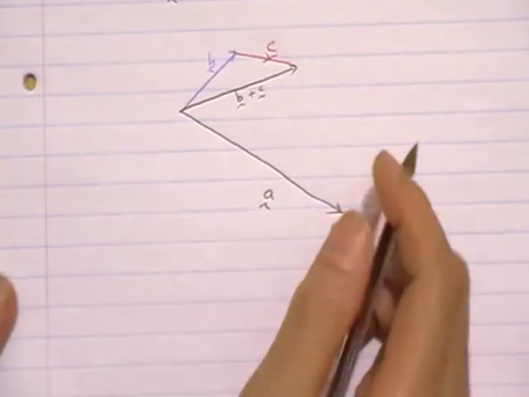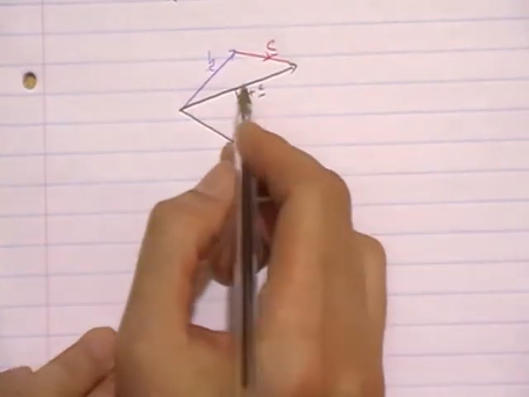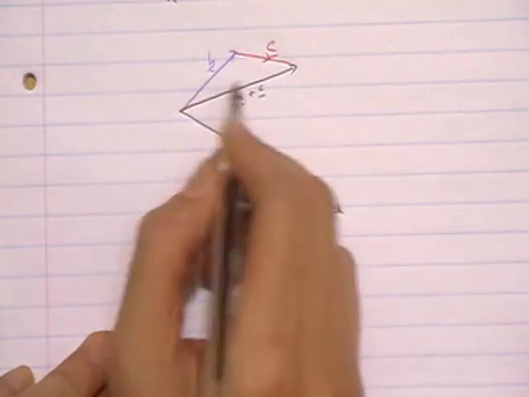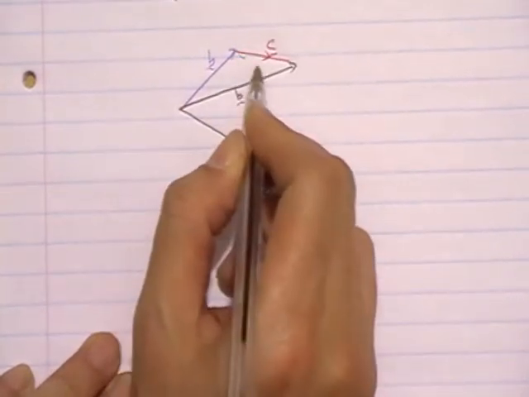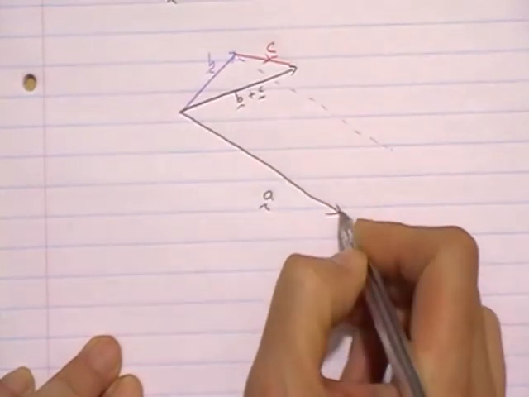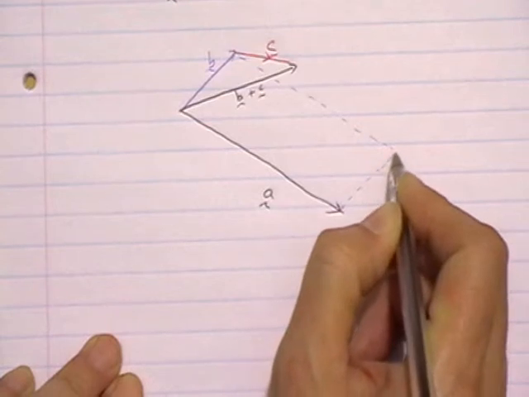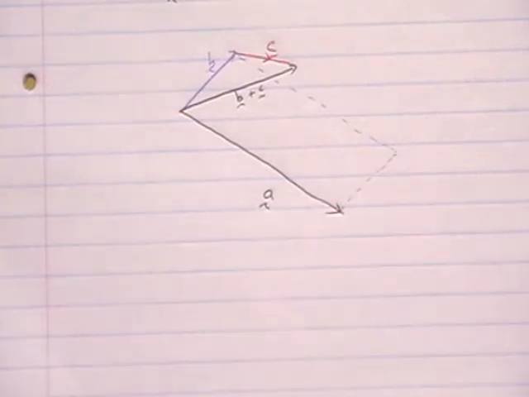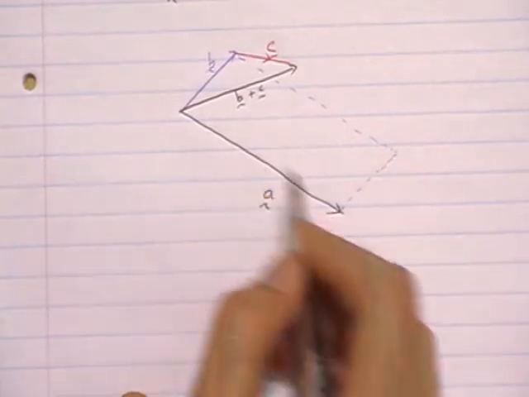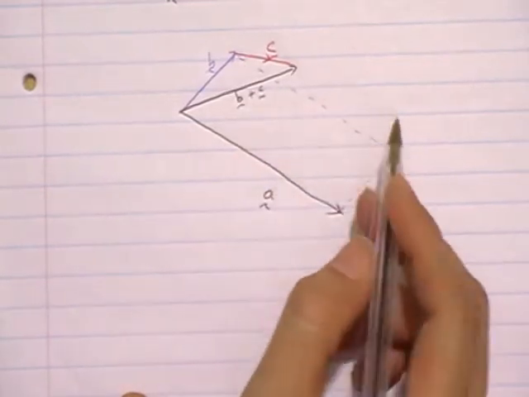Now let me complete the parallelograms. So the parallelogram with A and B as the sides would look like this. The parallelogram with A and C as the sides.